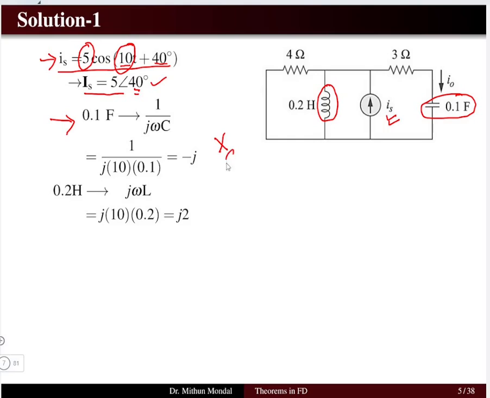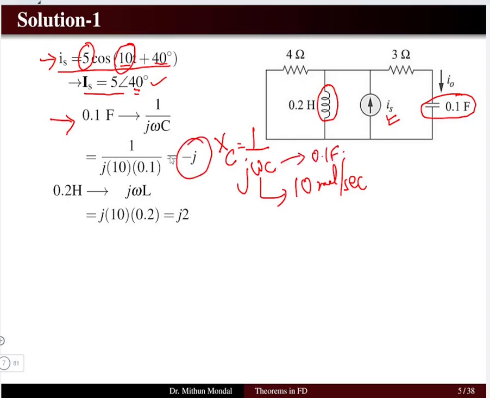Xc is the capacitive reactance, which is equal to 1 by j omega c. With omega equal to 10 radian per second and the capacitor 0.1 farad, we obtain the equivalent capacitive reactance. The unit will be ohms.